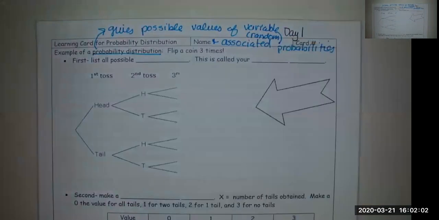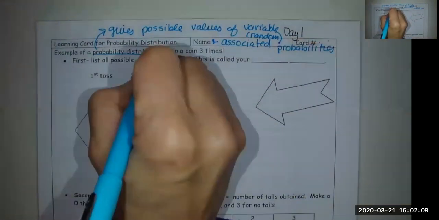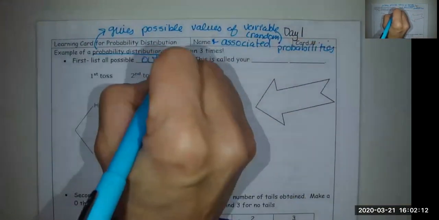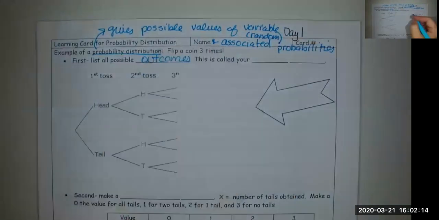In other words, it shows you the sample space and the probability of each one of those outcomes. So we're going to list all possible outcomes, and this is called our sample space.